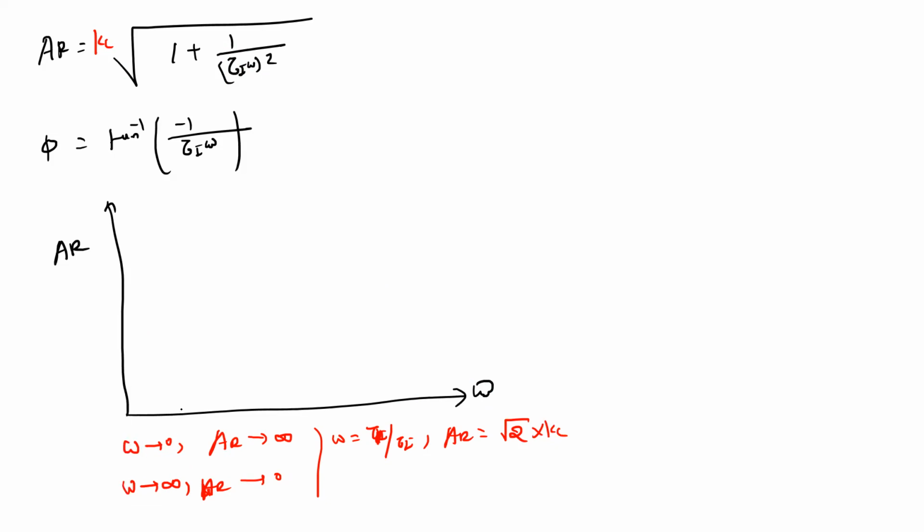So how will it look like? At omega tending to 0, the amplitude ratio will be infinity. And at omega tending to infinity, the amplitude ratio will be 0. And at omega equal to 1 upon tau I, this will be equal to root 2 into Kc. So how will it look like?